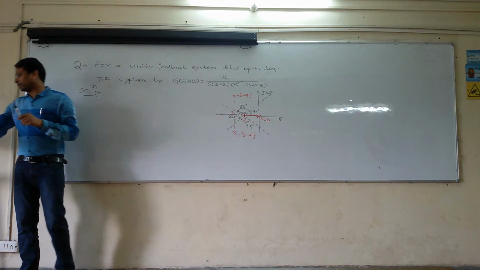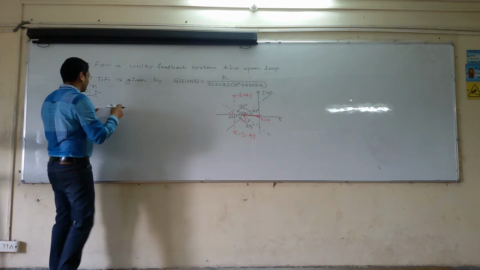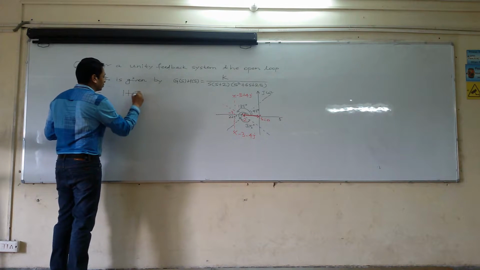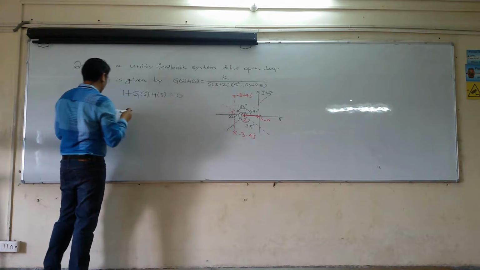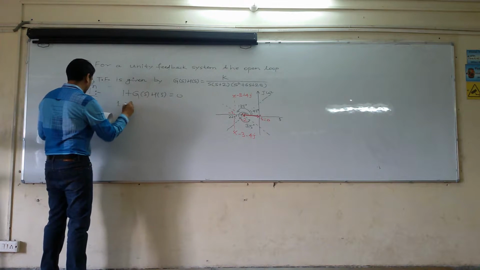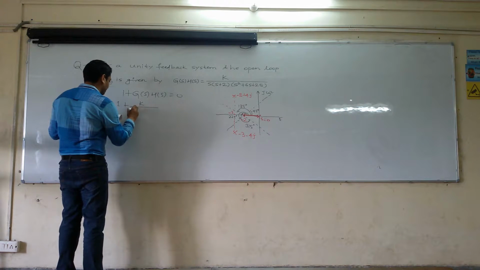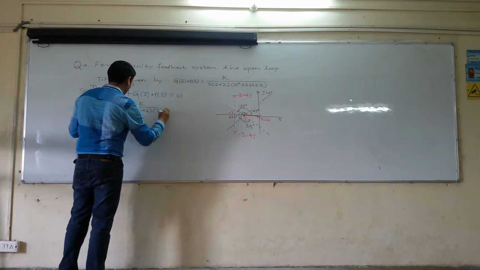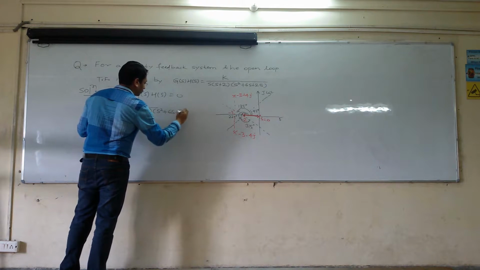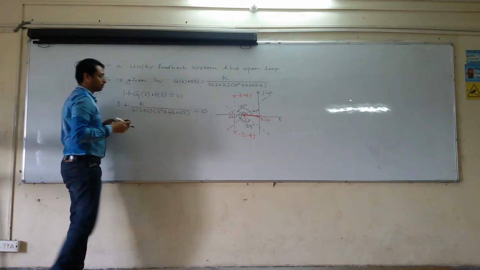Calculation of breakaway point. For the breakaway point, we start with the characteristic equation, that is 1 plus G(s)H(s) is equal to 0. So you can say 1 plus k divided by s multiplied by (s plus 2) multiplied by (s square plus 6s plus 25) is equal to 0.